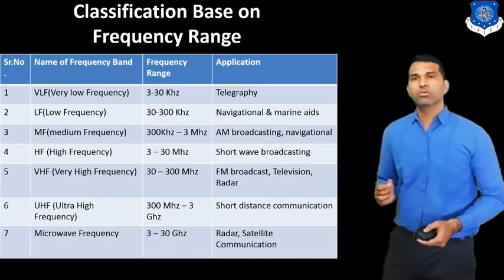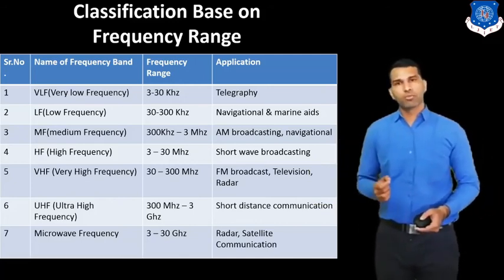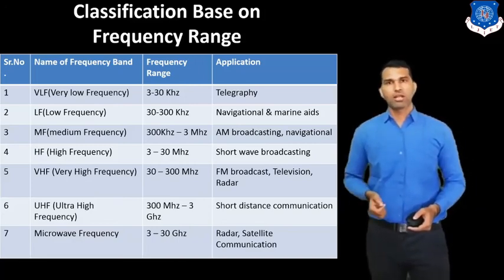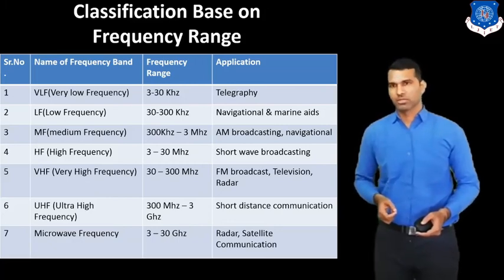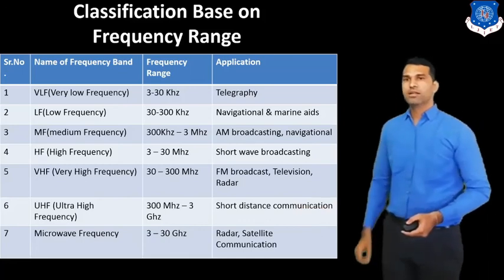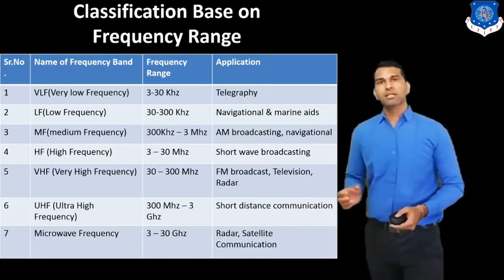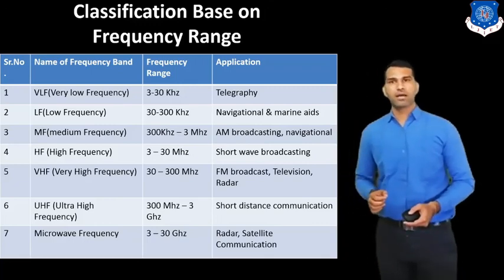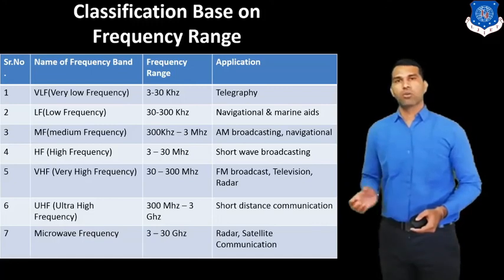Now next is the VHF, very high frequency, and the range of frequency is between 30 to 300 megahertz, and it is used for FM broadcast, like we listen to FM radio, and also for television and radar purposes. Next one is the UHF, that is the ultra high frequency, and the frequency range is between 300 megahertz and 3 gigahertz, and it is used for short distance communication.